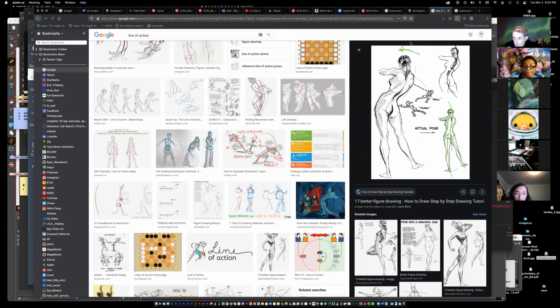What's happening here is that they are pushing the pose. In order to push the pose, they would say, here's my head, and they're going to push the line of action. So instead of drawing this shape, now they're just drawing this shape for the line of action.